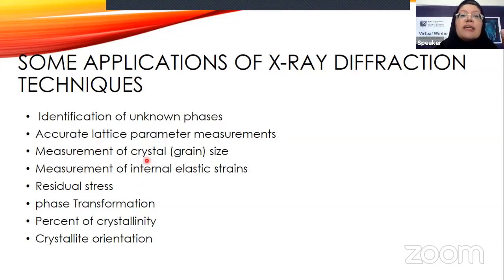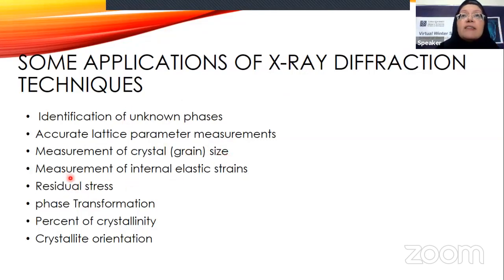We can measure the lattice parameters and the crystalline size, which is very important. Many test methods and many treatments may cause changes in crystalline size. Via X-ray diffraction, we can measure the crystalline size of materials.